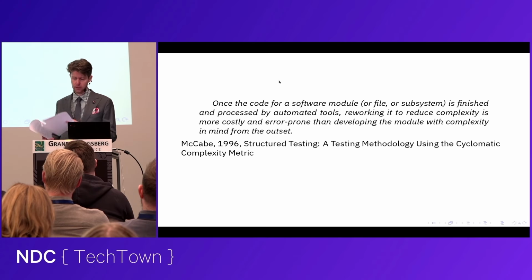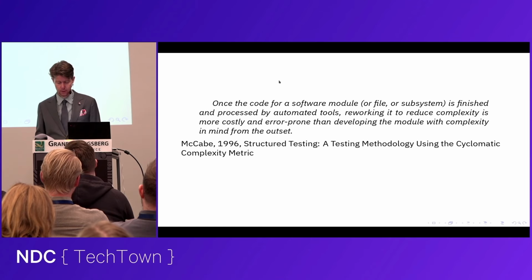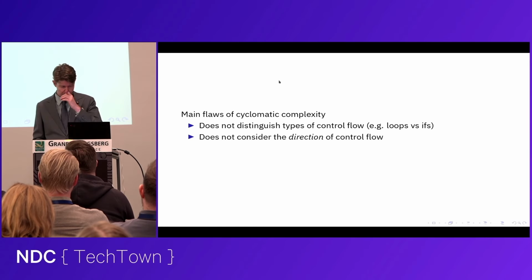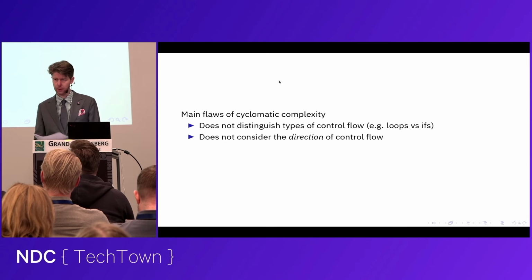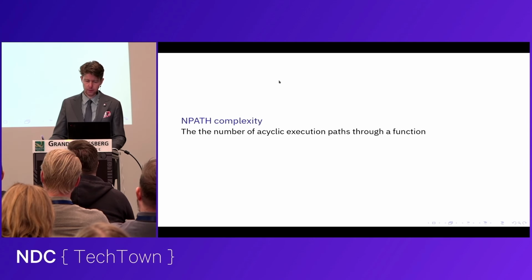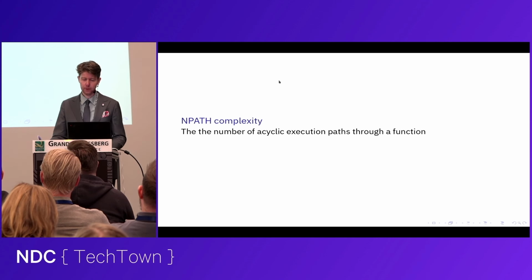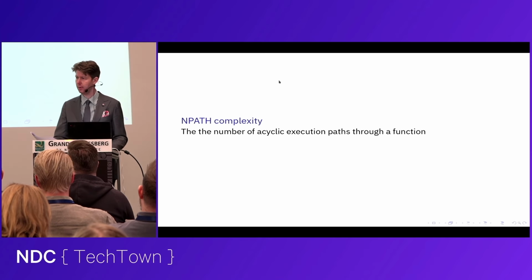There are some flaws with cyclomatic complexity. It doesn't distinguish the type of control flow, so loops and ifs kind of get the same number. And it also doesn't consider the direction of the control flow. So this has been tried to be fixed with something called n-path complexity, where they measure the number of acyclic execution paths through a function.